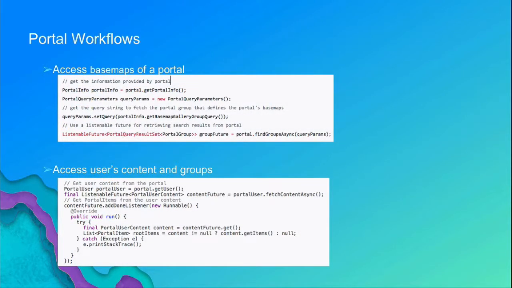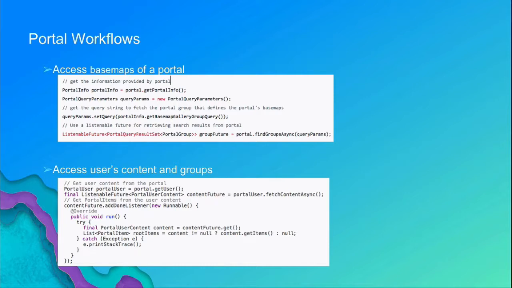Let's take a look at two major workflows that are used in the Maps app. One is to access the base maps of your portal. Your organization may have configured a list of base maps, and you can use the Portal API to fetch the base maps by getting the information of your portal and creating a query parameter.